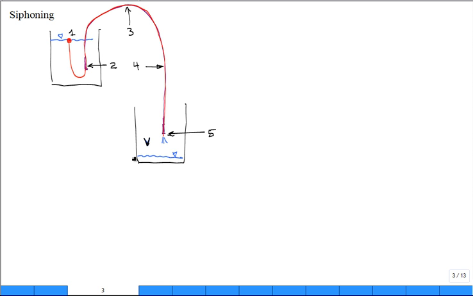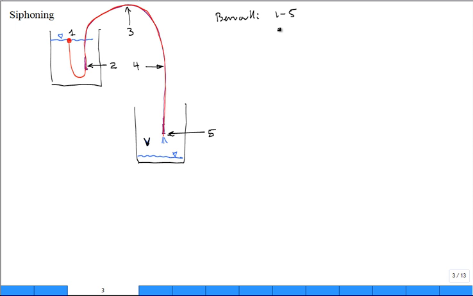It's incompressible, something like liquid water. How would you do it? Use Bernoulli's equation from point 1 to, let's say, 5. So can you write Bernoulli's equation from point 1 to 5?